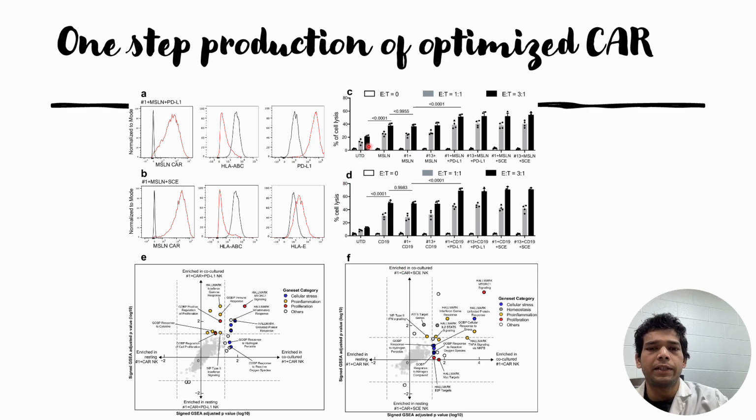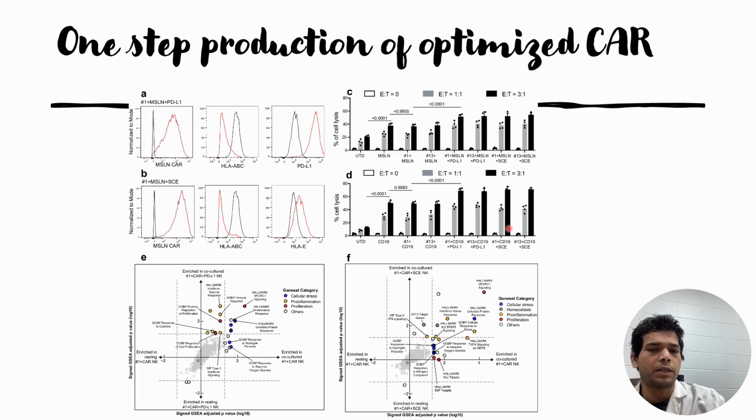In the top panel, C shows the results for the MSLN and ovarian cancer, and here they can see that when only HLA-ABC is knocked down, they are able to see some cell lysis. However, this cell lysis is enhanced with either exogenous expression of PDL1 or exogenous expression of SCE, and they can see the increase up to an effector to target ratio of 3:1.